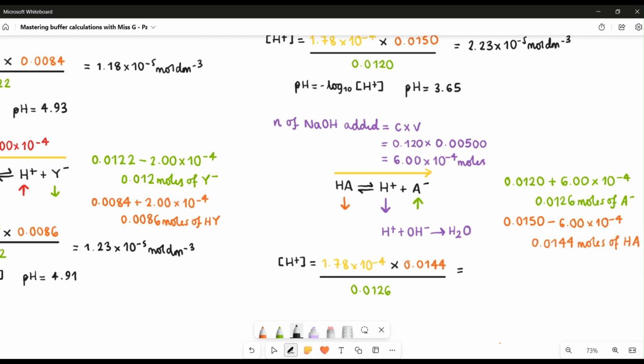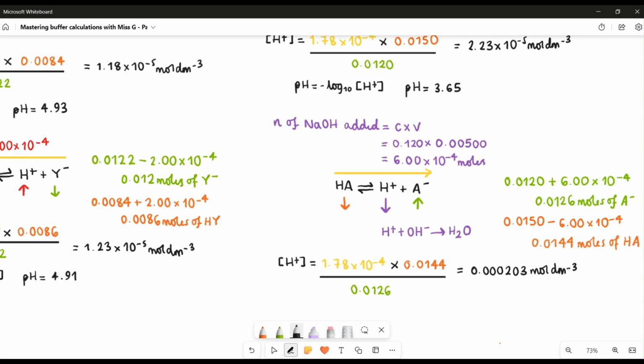That will then give me the hydrogen ion concentration, which is 0.00203 moles per decimeter cubed, which of course we could write in standard form.